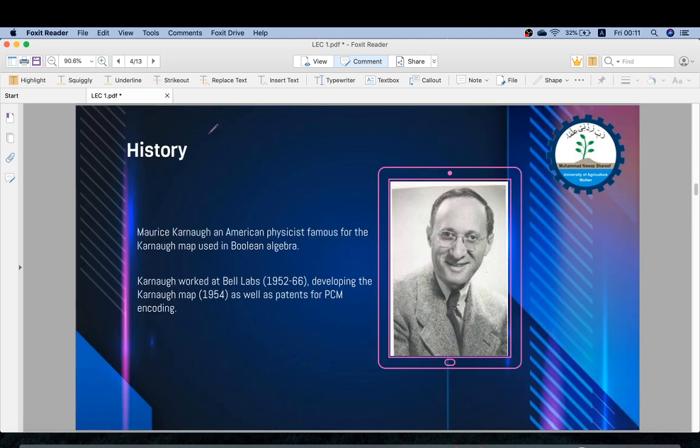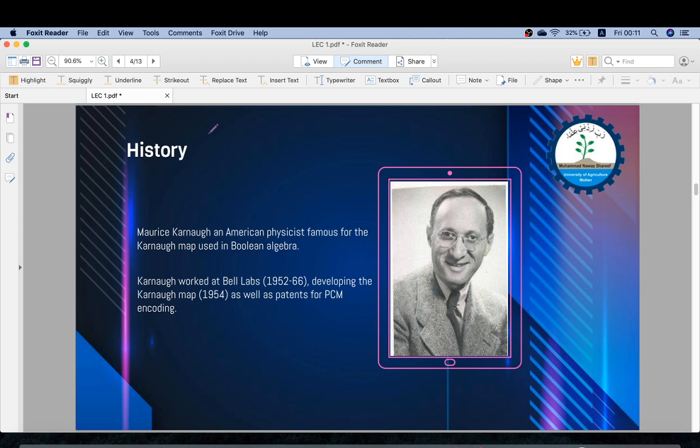So let's talk about a bit of history of K-maps. Why are they named K-maps? Who is K or Karnaugh? Basically Maurice Karnaugh is an American physicist, and he is famous for his K-maps or Karnaugh maps, which we use in our Boolean algebra.